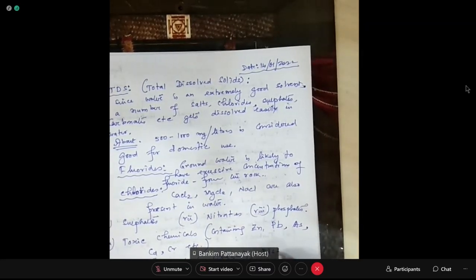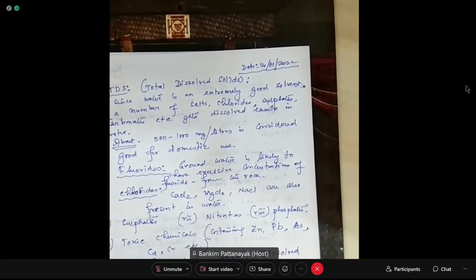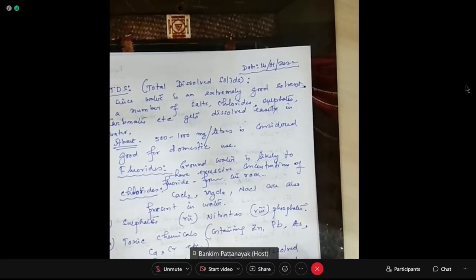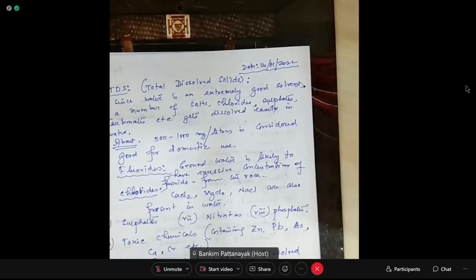Dissolved oxygen content varies from 8 to 10 milligram per liter.